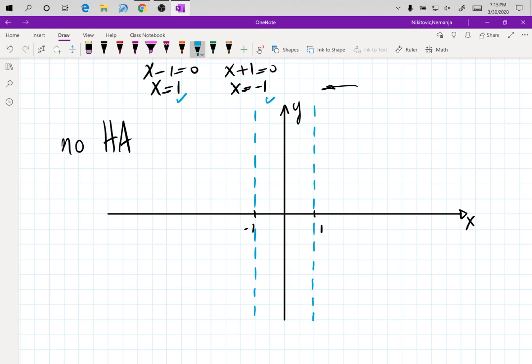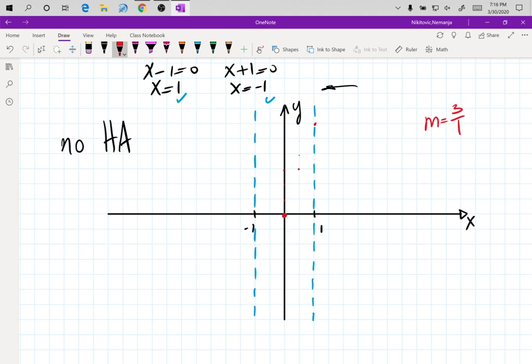And now I need to draw the slant asymptote y equals 3x. Well, y equals 3x has a y-intercept of 0. So it's going to go through the origin. Then we're going 3 units up, 1 unit over. I hope you remember that the slope of 3 is 3 over 1. It's rise over run. So rise 3, run 1. So 1, 2, 3, 1. 1, 2, 3, 1.